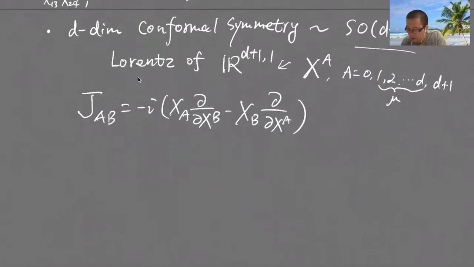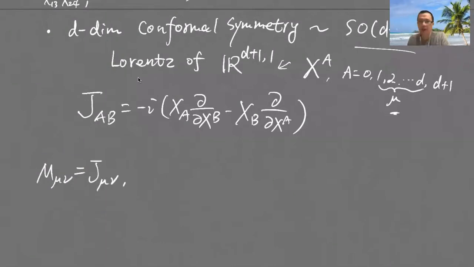When A and B are living in the D dimensions, in the μ directions, J gives you the D-dimensional Lorentz generators, so this is identified with J_μν. And when A and B are living on 0 and D+1, this gives a dilatation.